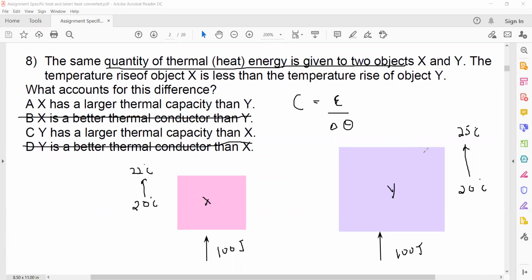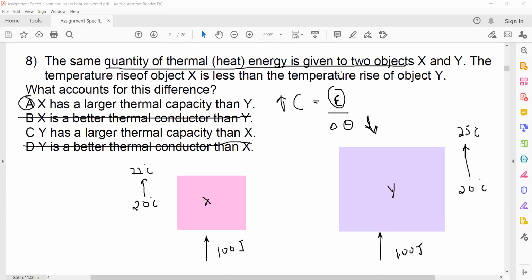But for X, the temperature rise is small. So thermal capacity and temperature change are inversely proportional. If you supply the same amount of energy, the object which shows a smaller change in temperature will have higher thermal capacity. Means for X, we need more energy to cause a 1 degree change in temperature as compared to Y. So A is the right answer.